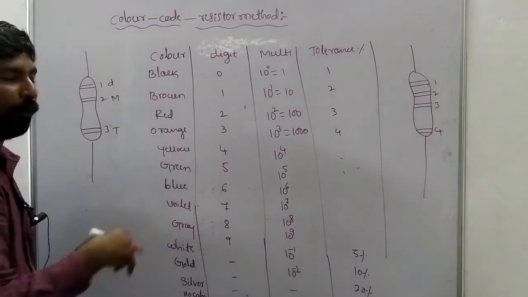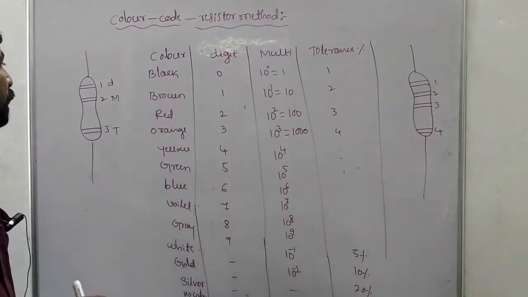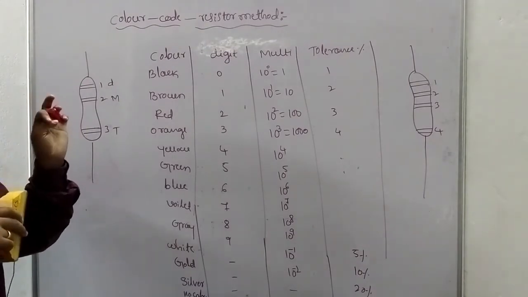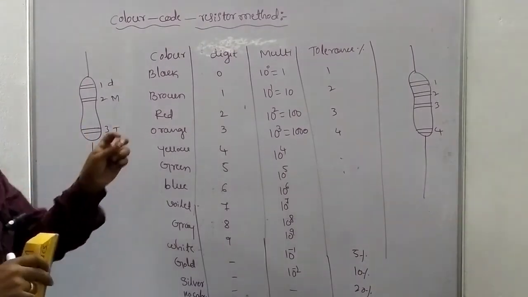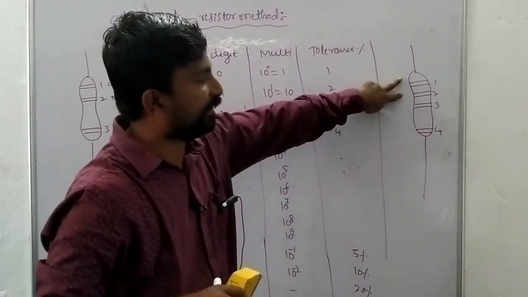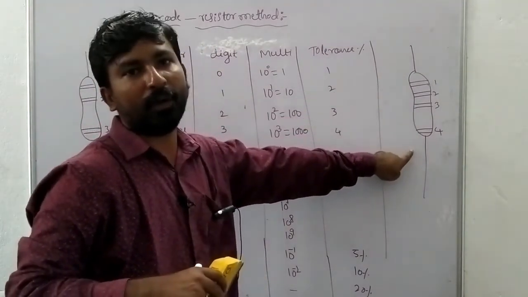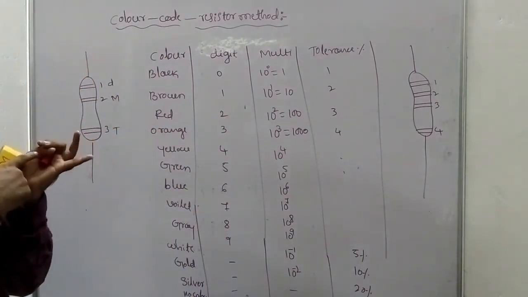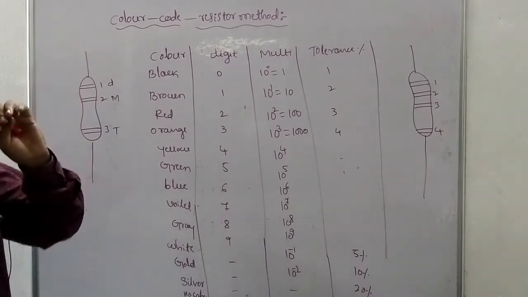So it is a 4 band color code resistor. For a 3 band color code resistor, 1 digit, 1 multiplier, 1 tolerance. For a 4 band, 2 digits, 1 multiplier, 1 tolerance. For a 5 band, 3 digits, 1 multiplier, 1 tolerance.